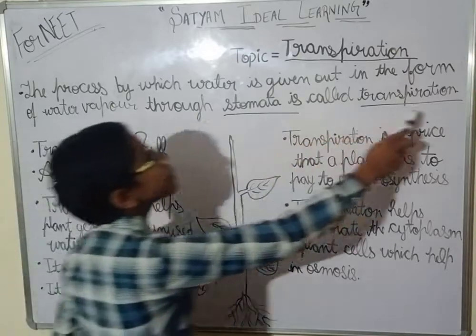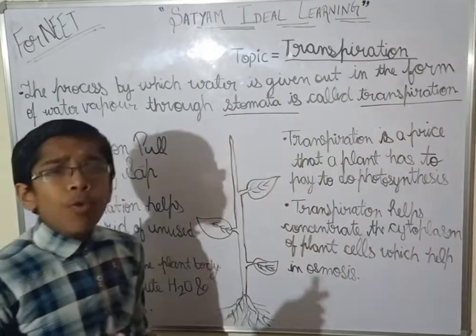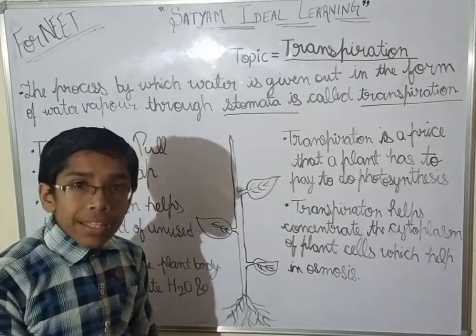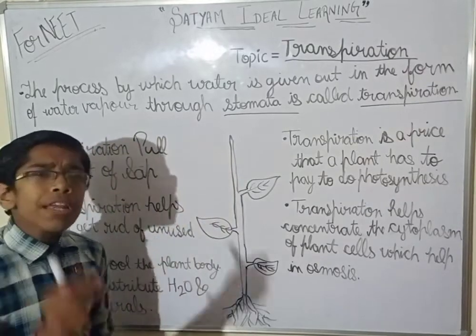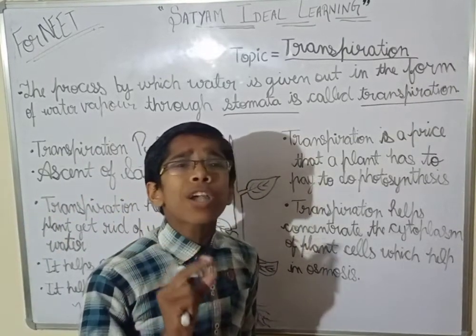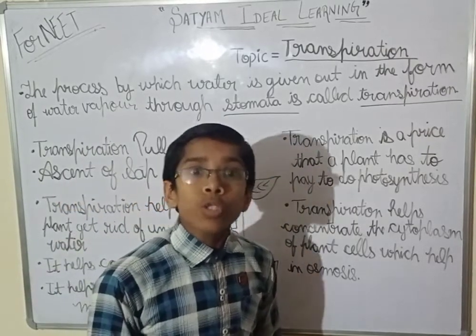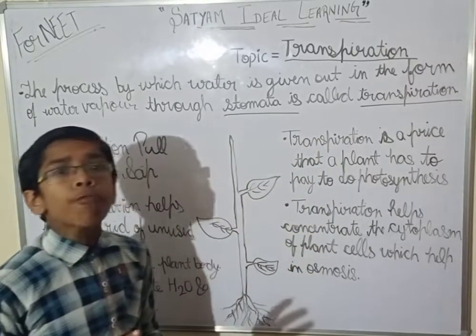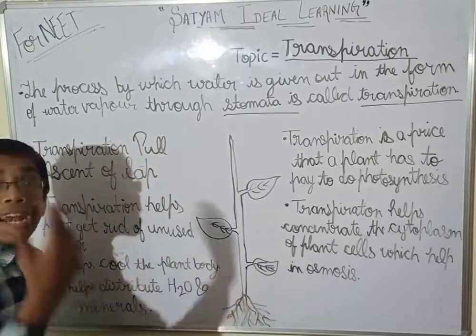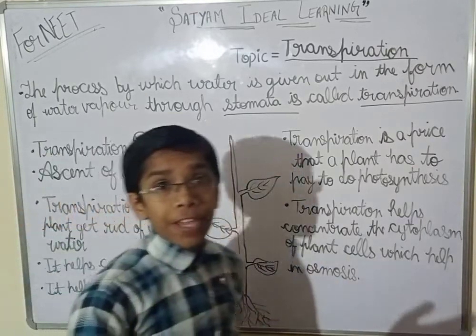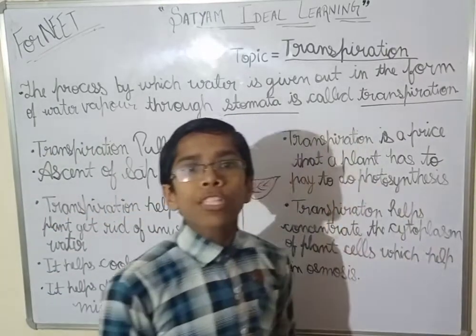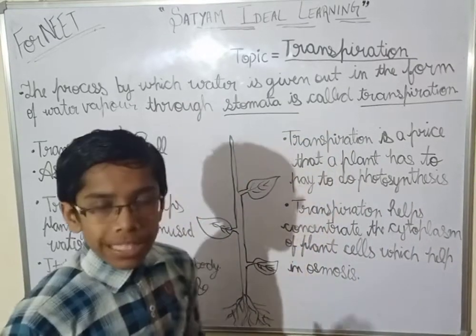The water which is absorbed from the soil, only a small amount is used in biochemical activities and in photosynthesis, and the rest of the water is given out into the atmosphere through the stomata in the process of transpiration. Getting my point?